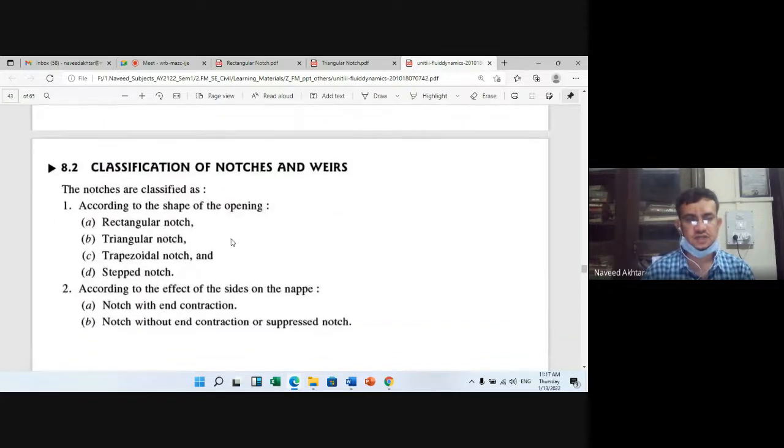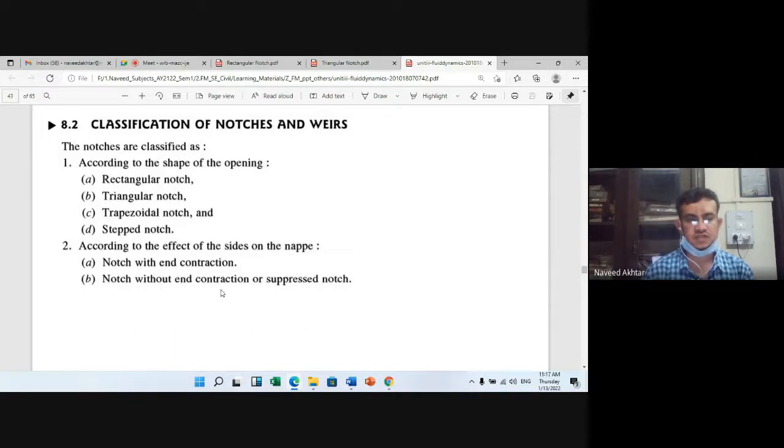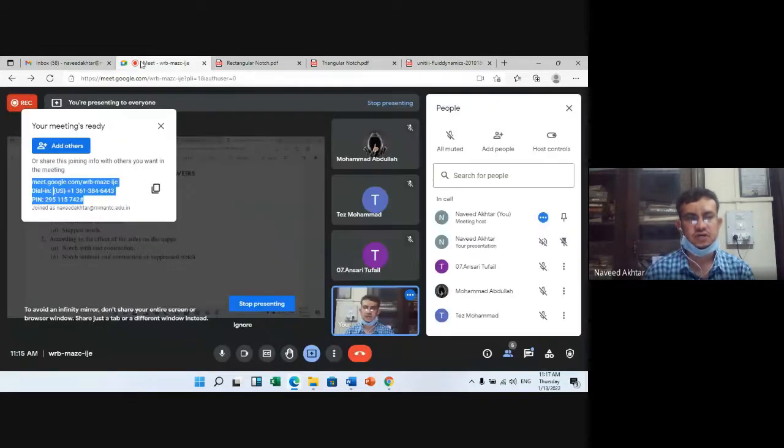Then there are different classifications of notches and weirs: rectangular notch, triangular notch, trapezoidal notch, step notch, and notches with end contraction and without end contraction.